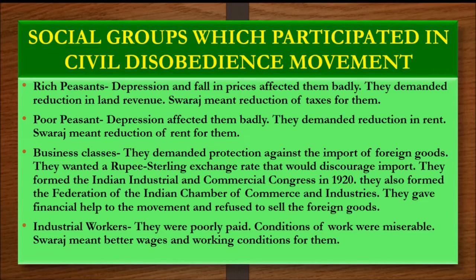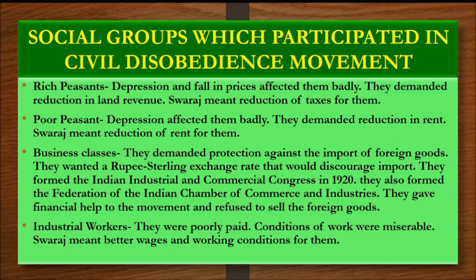Now, if we talk about the business classes and their relation with the civil disobedience movement, we need to know about the condition of their business houses at that time. During the First World War, Indian businessmen and industrialists earned huge profits and became more powerful. How this happened will be discussed later, children.